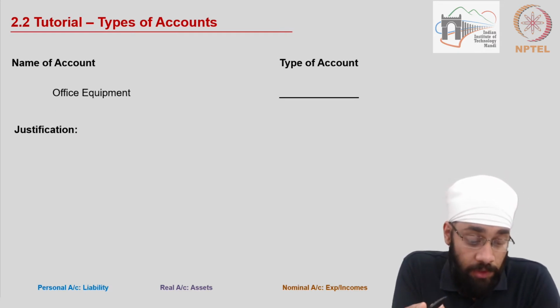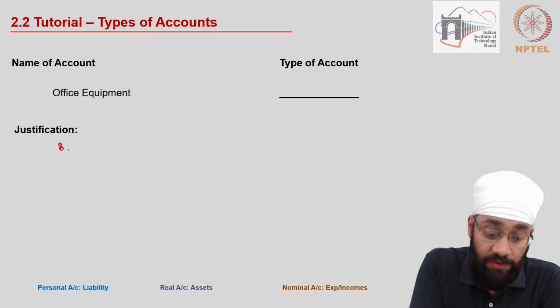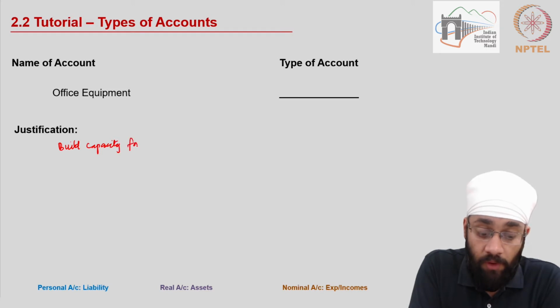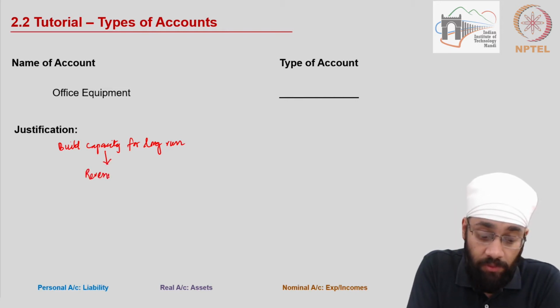Office equipment. Now, office equipment helps you build capacity for the long run. What do we mean by capacity? Capacity refers to revenue generation ability.